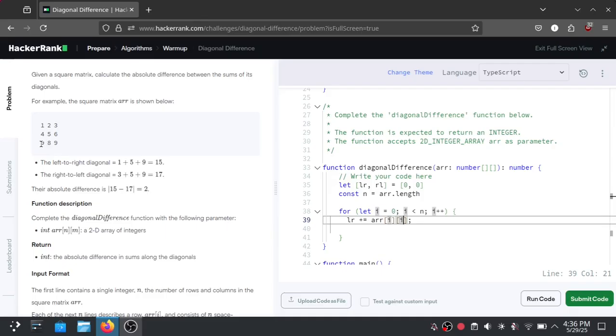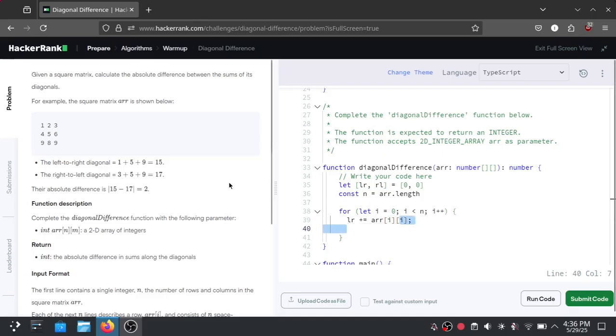The array will be, this is the 0, 1, 2, and then for the J or the second dimension will also be 2, like this. This is 0 and 1, and this is the 2, which is 9.